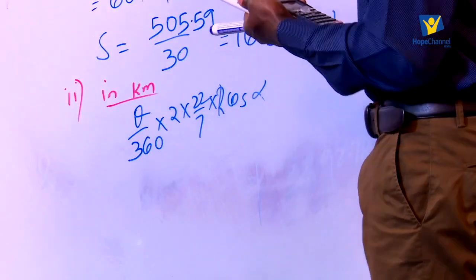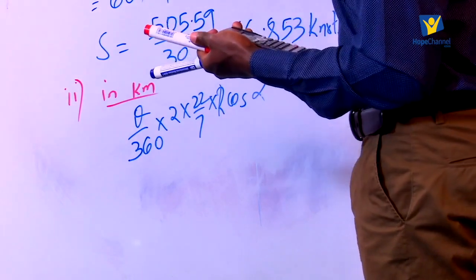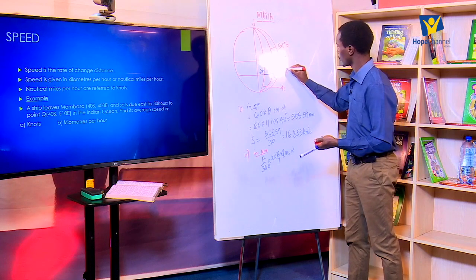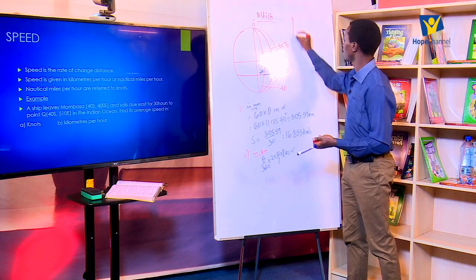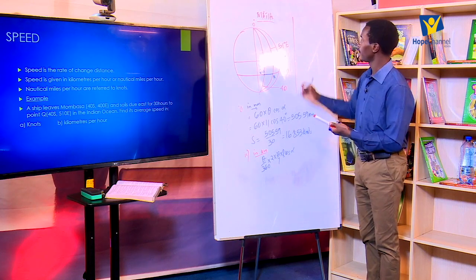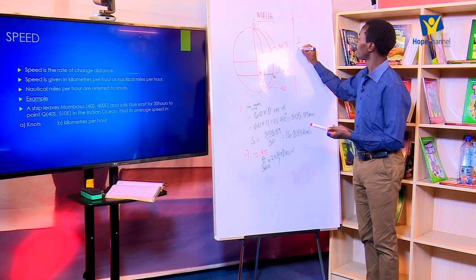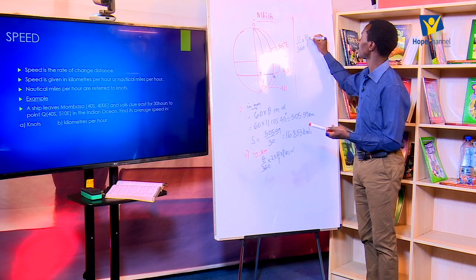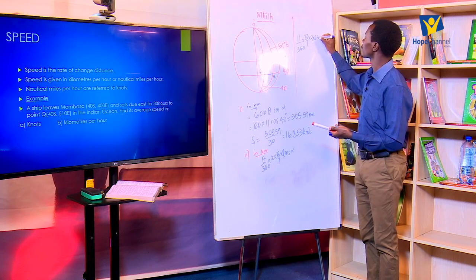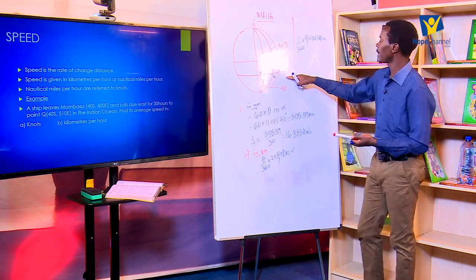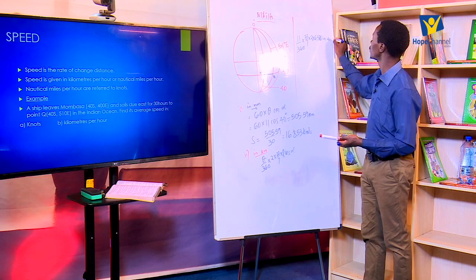Let me have it done on this other side here. So by working out, we'll have theta, which is 11, over 360 times 22 over 7 times 2 times 6370, the cosine of the latitude, which was 40 degrees.